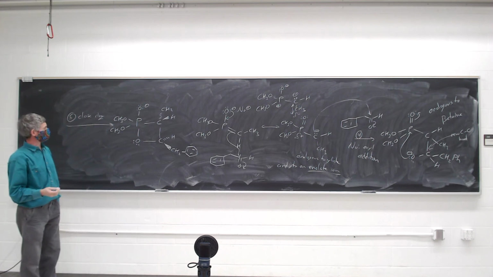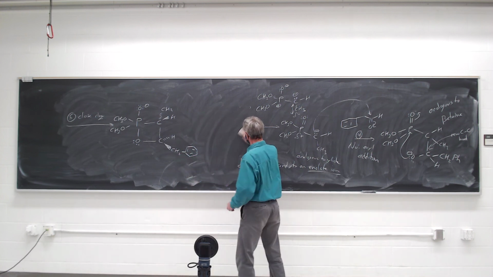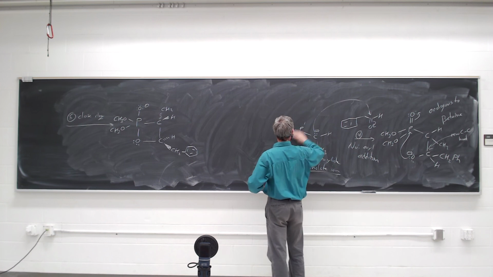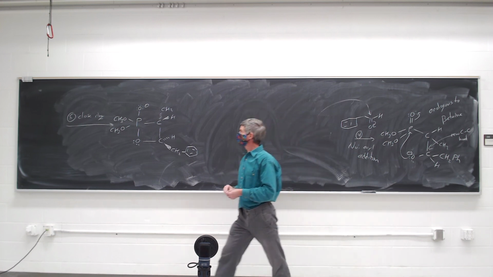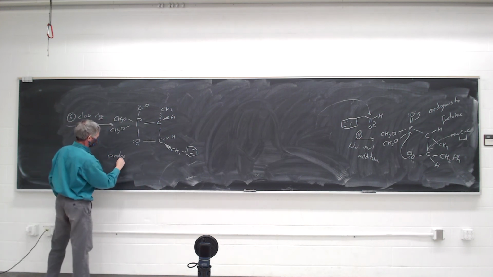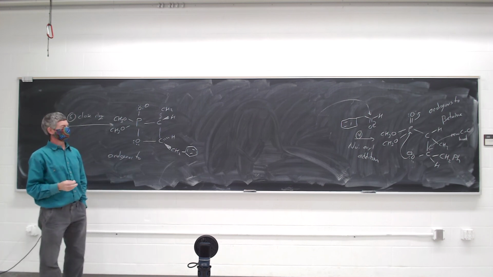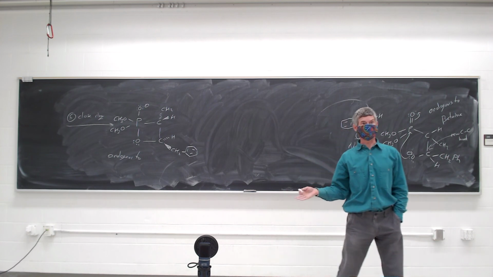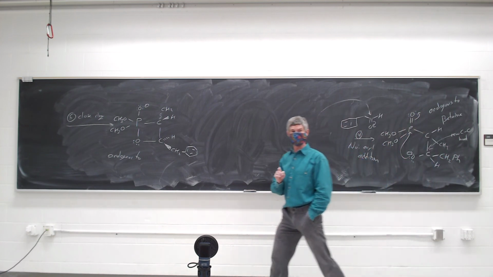Negatively charged intermediate. So what's this analogous to? What phosphorus species from the Wittig reaction does this look like? We had something that was analogous to the phosphorane. We had something that was analogous to the ylide. We now have something that's analogous to the betaine.